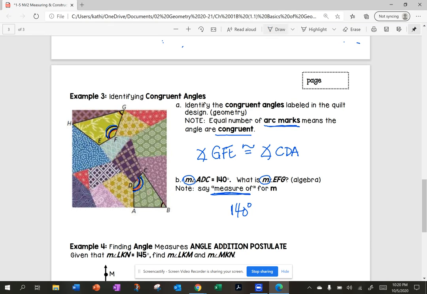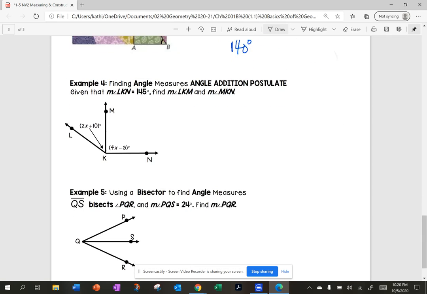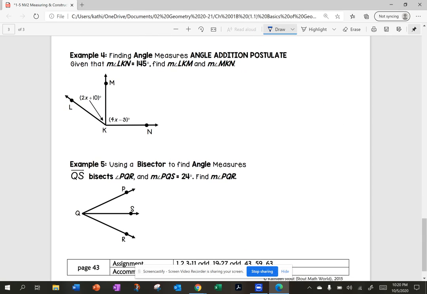Okay, so let's do a couple more examples. Find the angle measure using the angle addition postulate. That is where I add my two angles and they equal the whole.